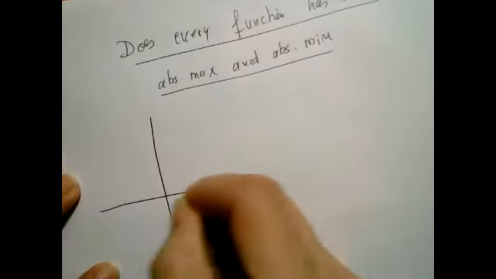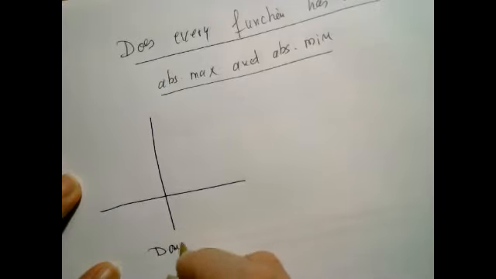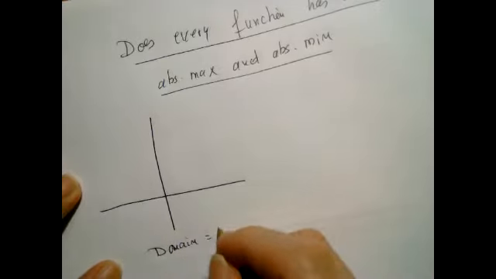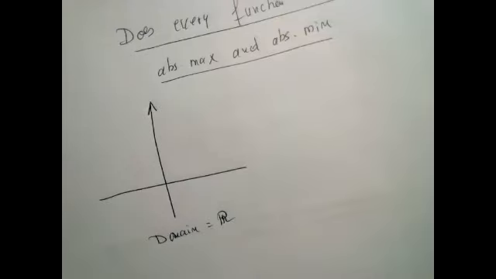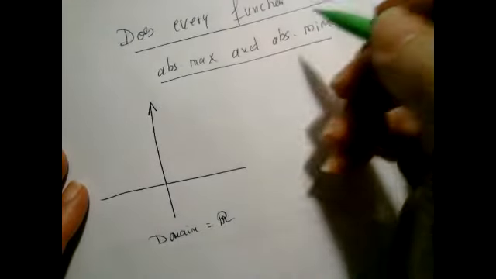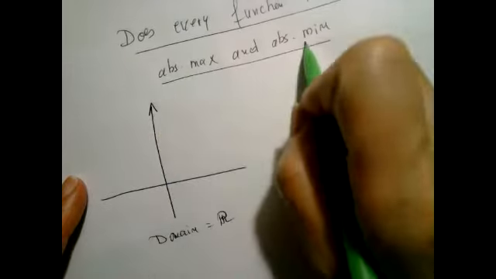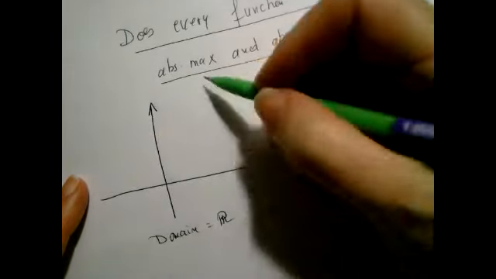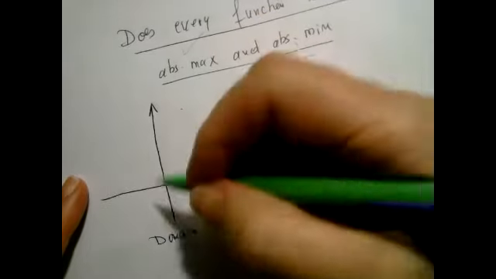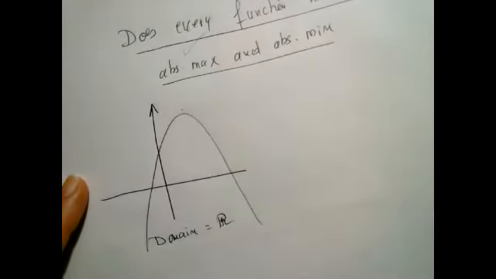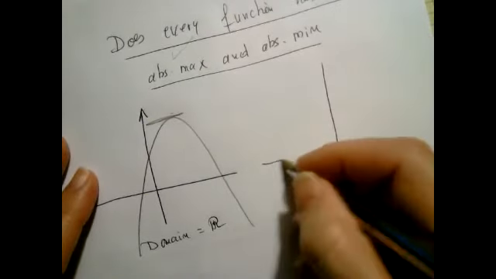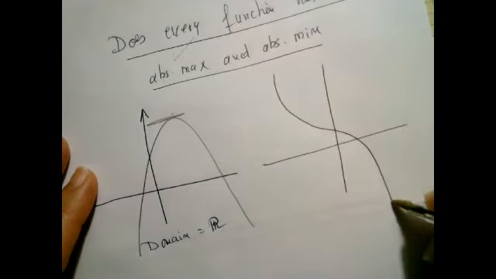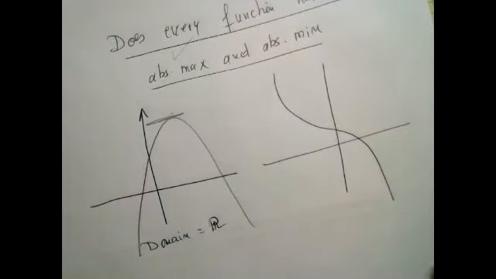How can I draw a function where the domain is all the numbers, so that it has an absolute max but no absolute min? A function may also go like this: no absolute max, no absolute min. So there are a lot of pictures.